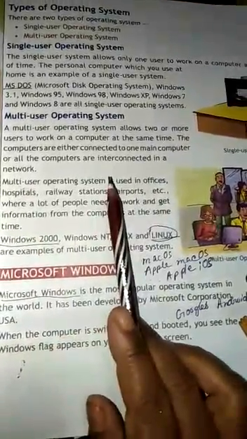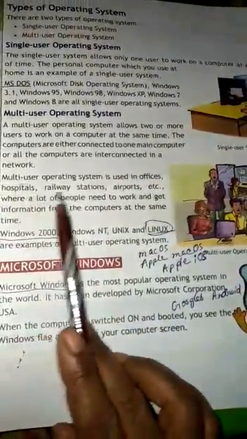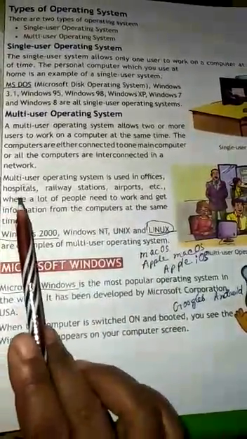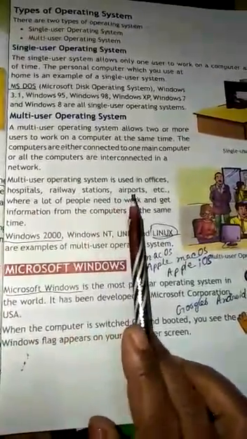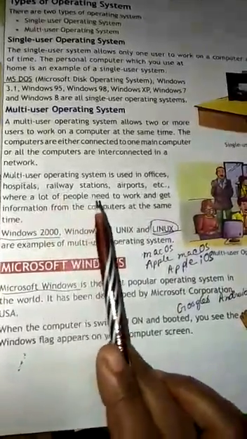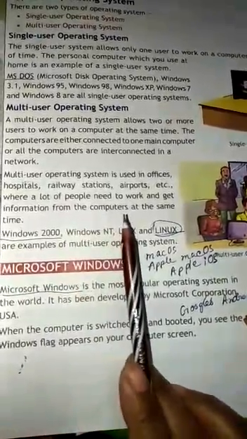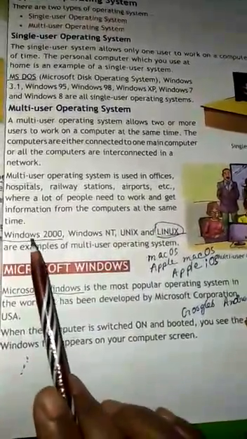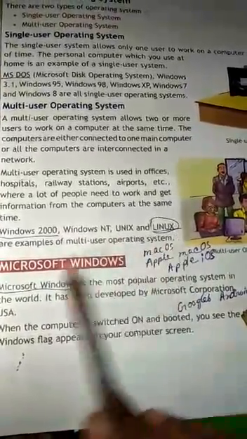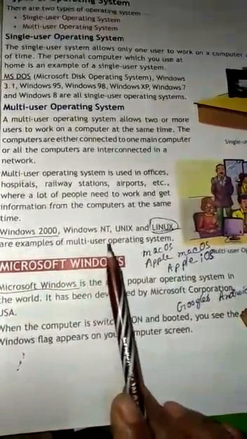Multi-user operating system is used in offices, hospitals, railway stations, airports, etc., where a lot of people need to work and get information from the computers at the same time. Windows 2000, Windows NT, Unix and Linux are examples of multi-user operating system.